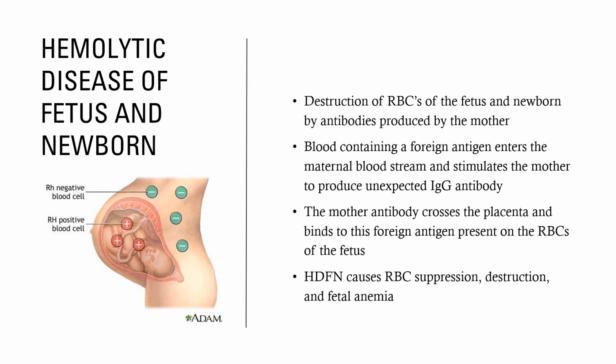To answer these questions, we must talk a little bit about HDFN. As we know, hemolytic disease of fetus and newborn is the destruction of fetal RBCs by the mother's antibodies. The mother, in this case, was exposed to the K antigen via the blood transfusion that she had 15 months ago.